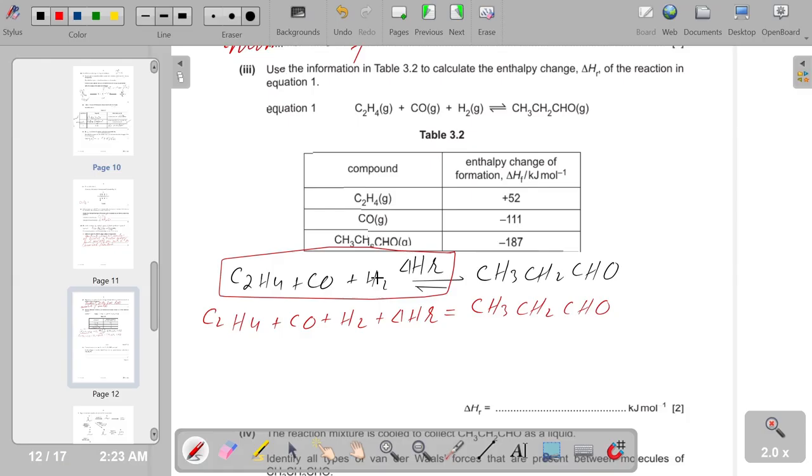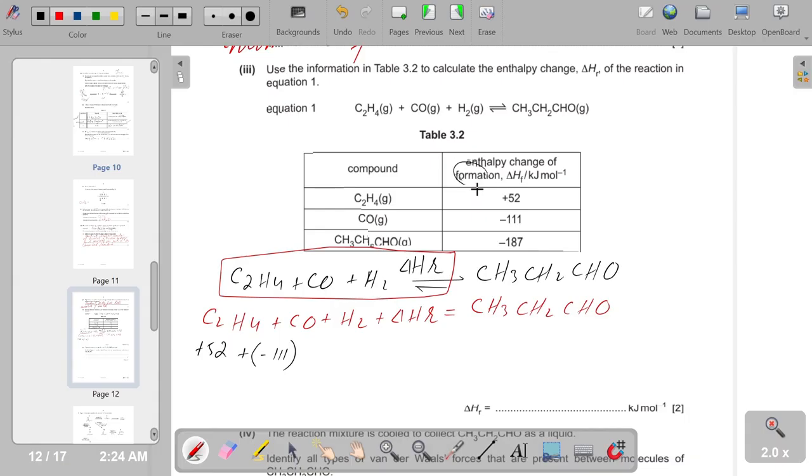Okay. Now put their values. So what's the value of C2H4? You can see it's positive 52. Plus what's the value for this CO? Minus 111. I'll put brackets here, minus 111. Because hydrogen is in element form, when something is in element form, the delta H formation will be 0.